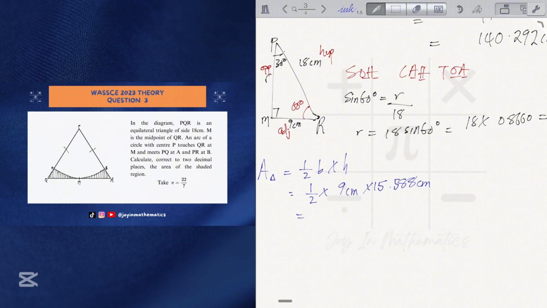If you use a calculator for this, 1 over 2 multiplied by 9 multiplied by 15.588, we will have a result of 70.146 centimeters squared.